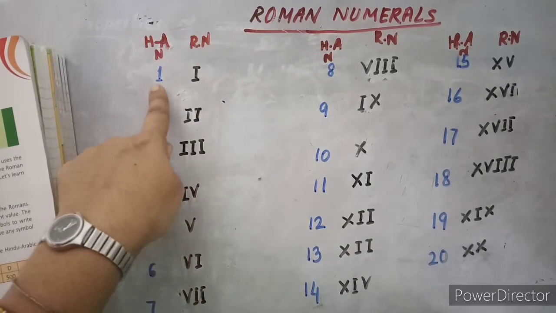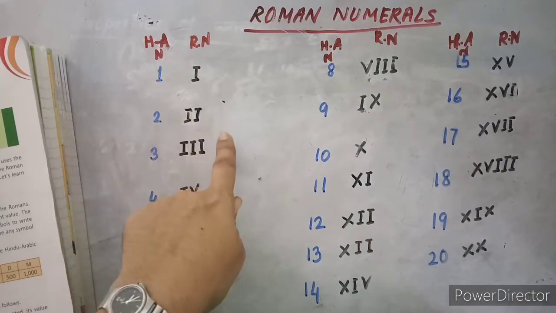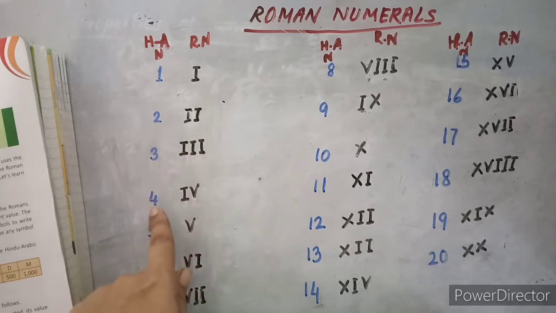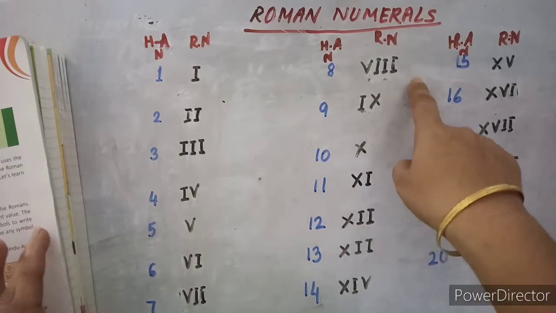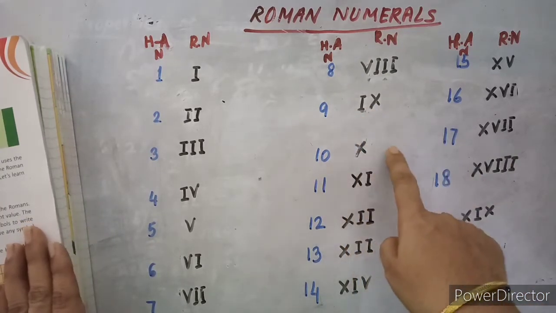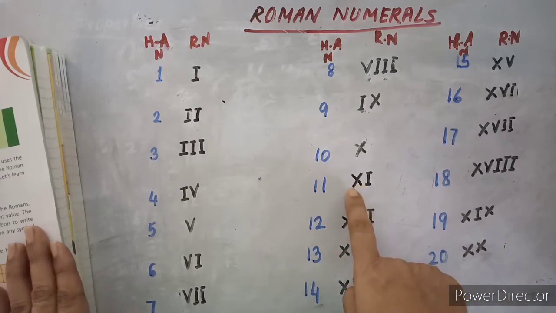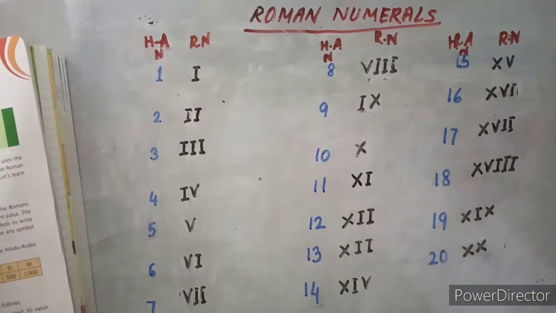Now you can see over here 1 is represented by one I, 2 with 2 I's, 3 with 3 I's, 4 with 1 I and V, 5 with 1 V, 6 with 1 V and I, 7 with 1 V and 2 I's, 8 with 1 V and 3 I's, 9 with 1 I and X, 10 is X, 11 is X and I, 12 is X I I, 13 is X I I I, one more I will be there.